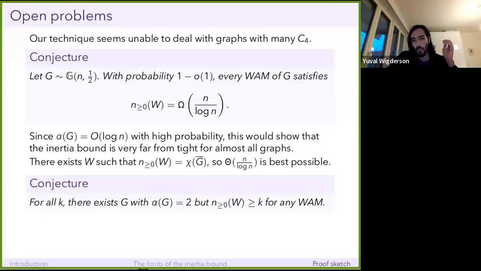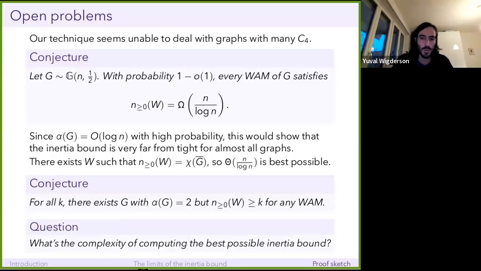Namely, we conjecture that for any k, you can find a graph whose independence number is 2, but the inertia bound can't prove that the independence number is at most k. So in other words, there should be an infinite sequence of graphs where the best inertia bound is arbitrarily far from the truth, which is just independence number 2. I have no idea how to prove something like this, but I think it's probably true.